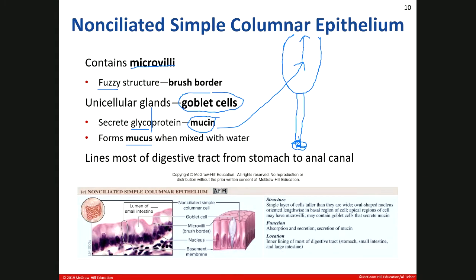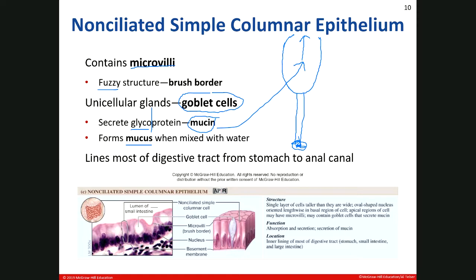So, don't be fooled. Goblet cells do not produce mucus. They make mucin, and then when it mixes with water, it becomes mucus. Just read the question. If you're asked that on a test, and you have 2 answer choices, and one is mucus and one is mucin, they make the mucin.